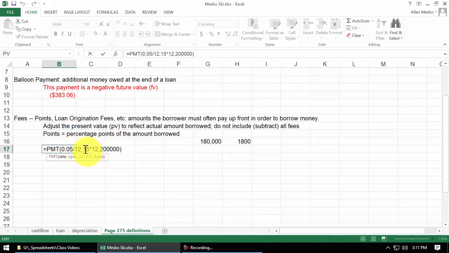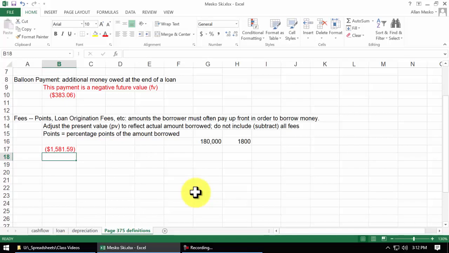We're going to do it for 15 years, so the number of periods would be 15 years times 12 payments a year, 180 payments over the next 15 years, and our present value is $200,000. That would mean our monthly payment is going to be almost $1,600 to pay off that loan.